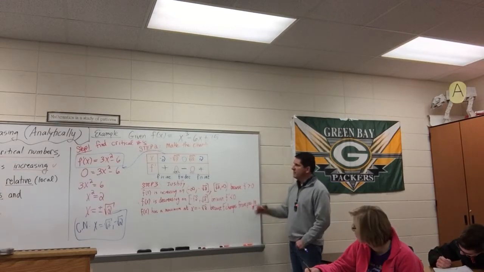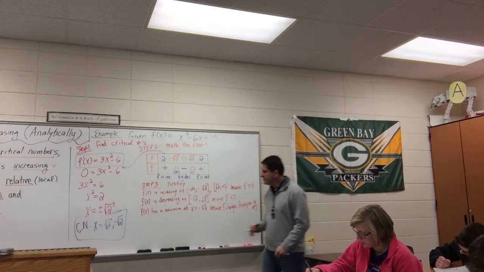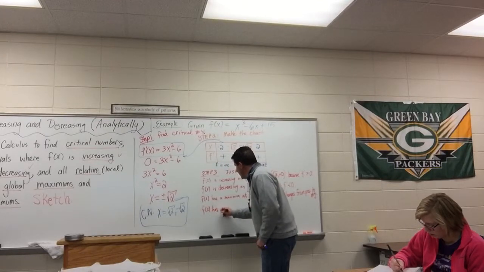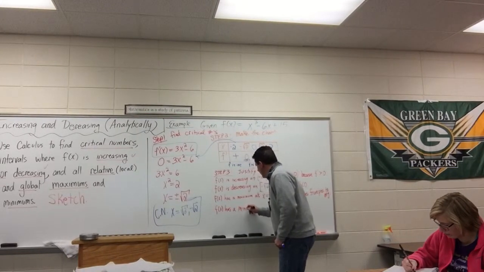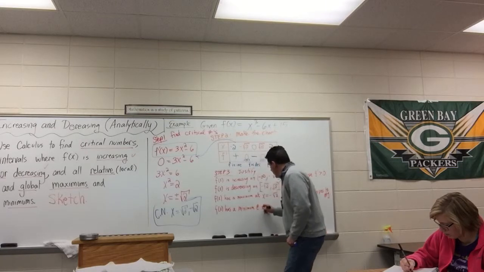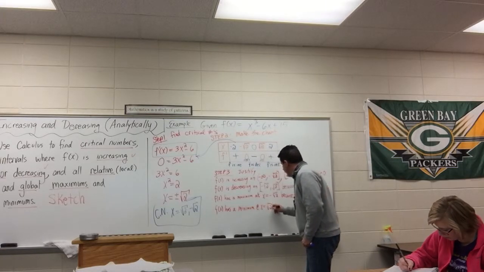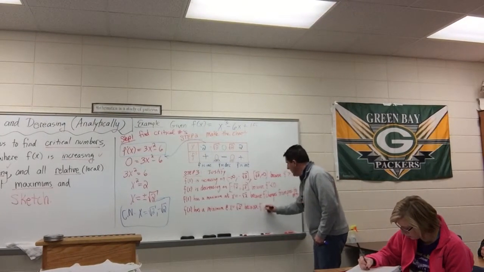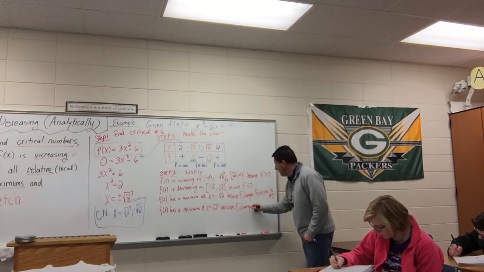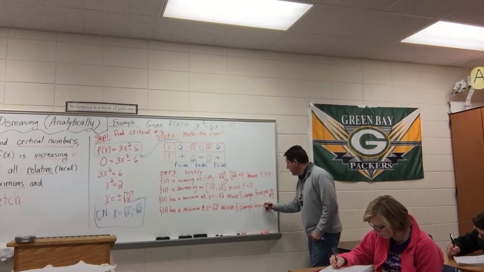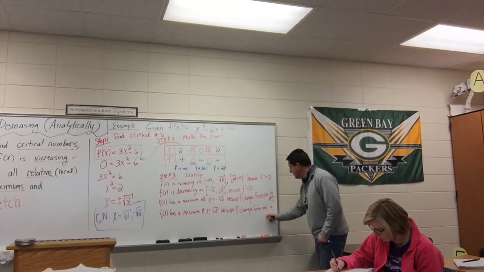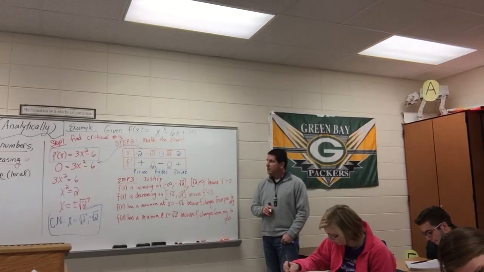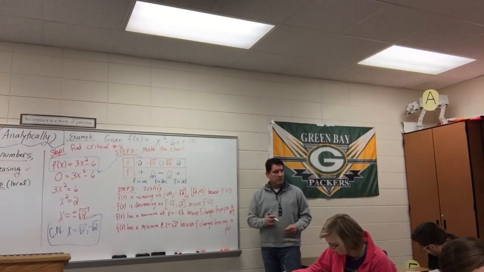That's the justification as to how we know there's a maximum there. And finally, f of x has a minimum at x equals a positive square root of 2 because f prime changes from negative to positive. Any questions there?